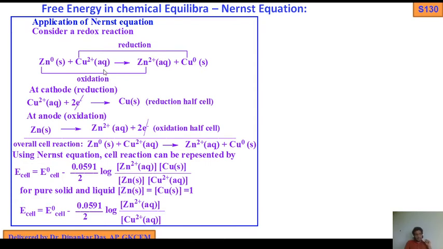Keep in mind, the molar concentration of solids and liquids is always 1, so that's why I have written 1 here. So finally this equation becomes E cell equals E naught cell minus 0.0591 by 2 log of the molar concentration of Zn2 plus aqueous by the molar concentration of copper 2 plus aqueous. I think you understood. So this is the application of the Nernst equation.